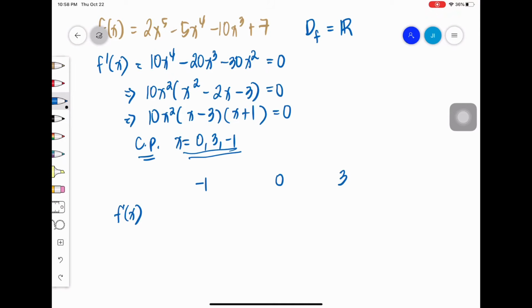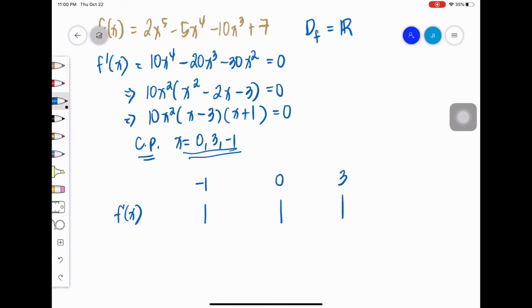We know that f is continuous at these critical points, so that's why we put a solid vertical line here, so we know they are included in the conclusion later. Then what's left for us to do is to determine the signs of the following intervals.